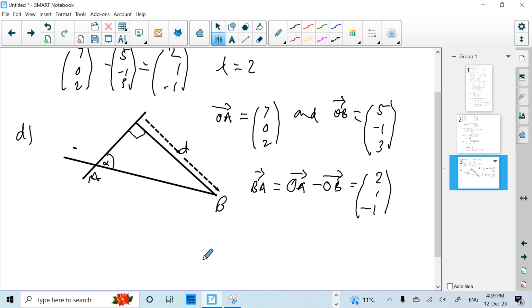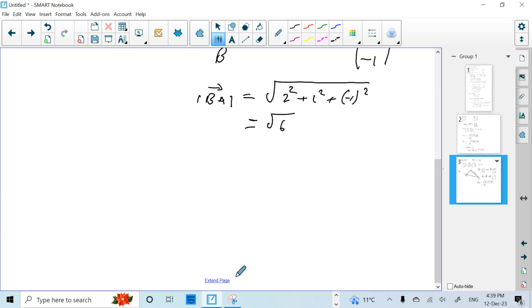So BA, or the modulus of BA, is equal to the root of 2 squared plus 1 squared plus minus 1 all squared, which again is the root of 6. We've done that before as well.